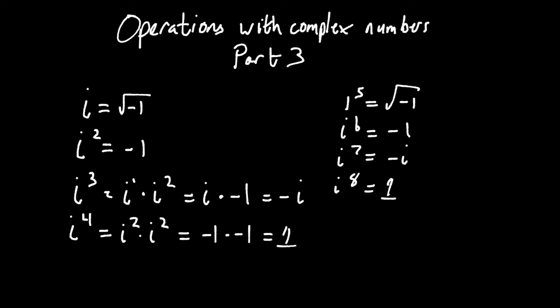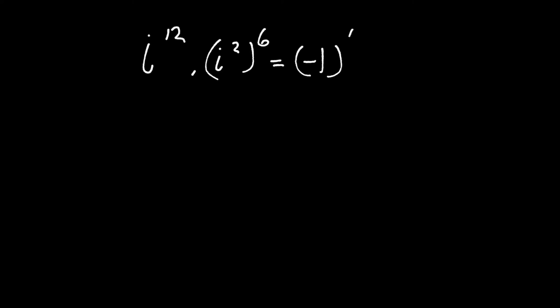So let's say I have i to the 12th. i to the 12th is the same thing as i squared to the sixth power. i squared is -1, to the sixth power, and any negative number to an even power is going to become positive. So i to the 12th really is just 1.